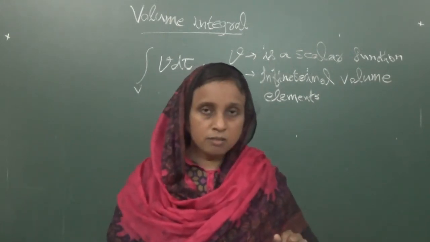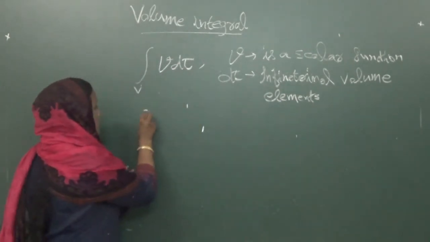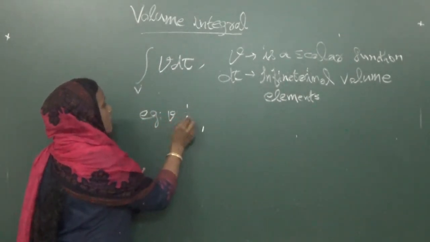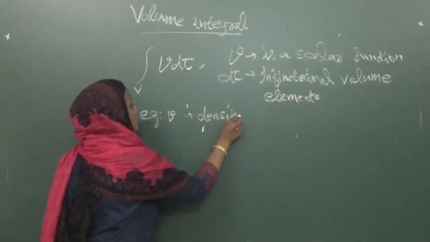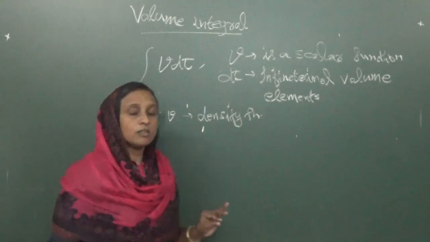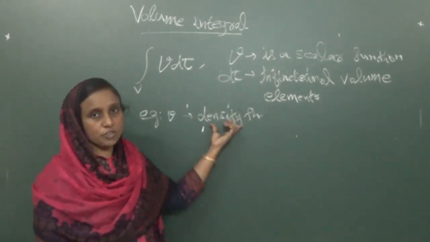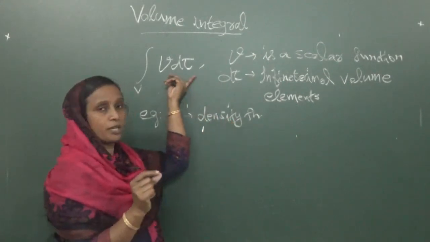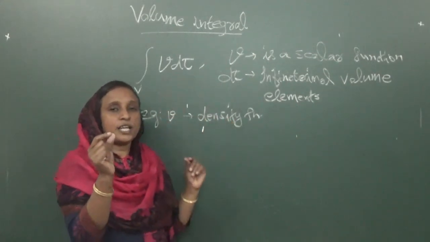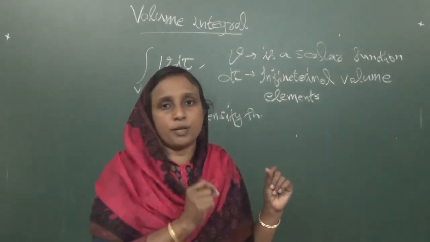For example, suppose V is a density function. If you multiply this density function with an infinitesimal elementary volume, you get the mass in that small volume.